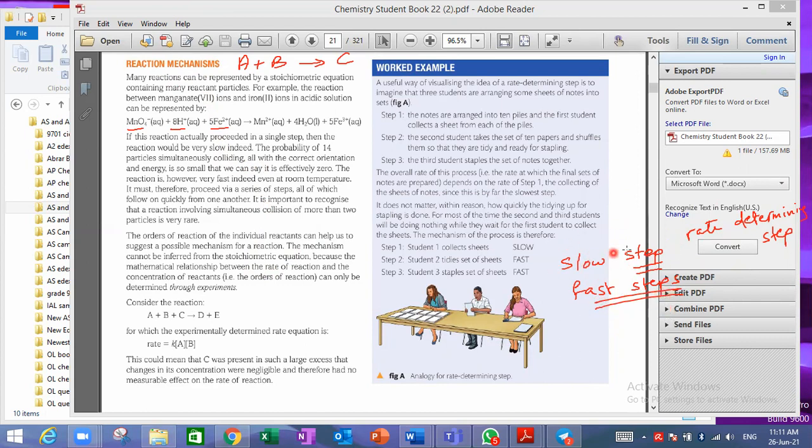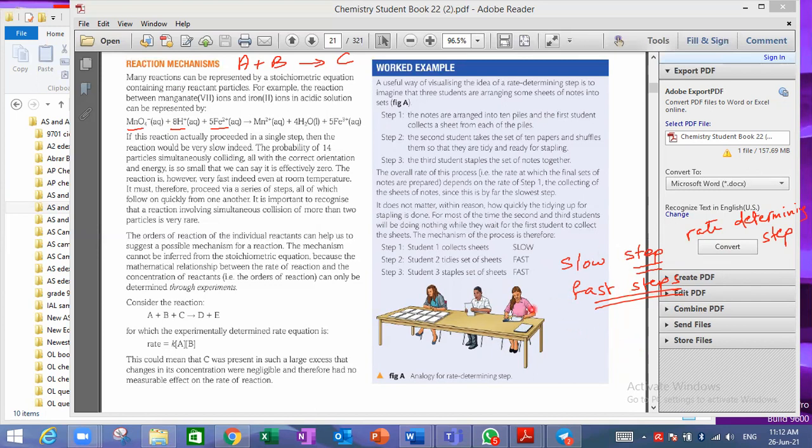The slow step, we call it the rate determining step. And from its name, it's obvious that the slow step is the step that will determine the rate of the reaction as a whole, whether the reaction will take place fast or in a slow pattern or intermediate. It determines the rate of the whole reaction.